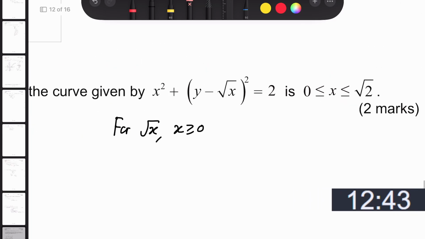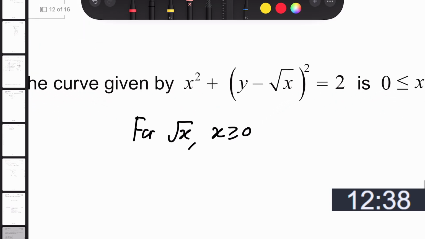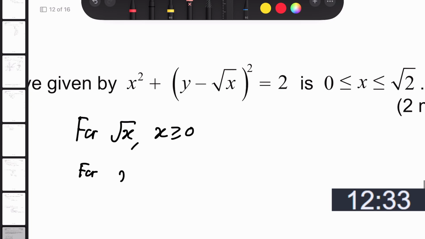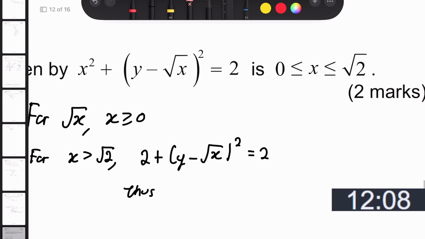And for x squared, let's say x greater than or equal to square root of 2, then 2 plus y minus square root of x, squared, equals 2.